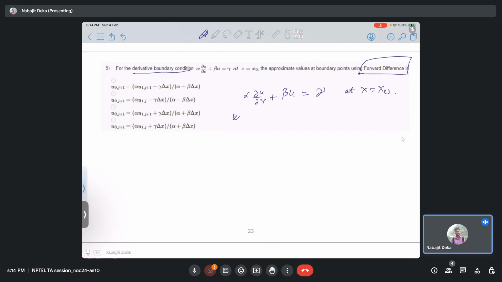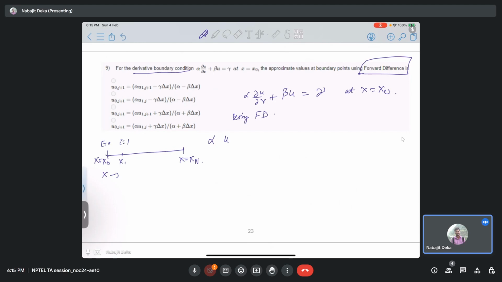So using forward difference, alpha u. So let's say this is x naught and this is x. This is x equal to x naught, and this is x equal to xn. This is x equal to x1. So this is I equal to 0 and this is I equal to 1, right?